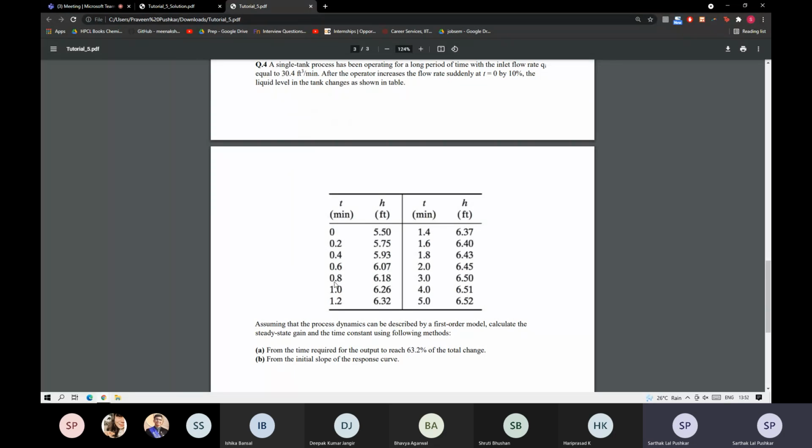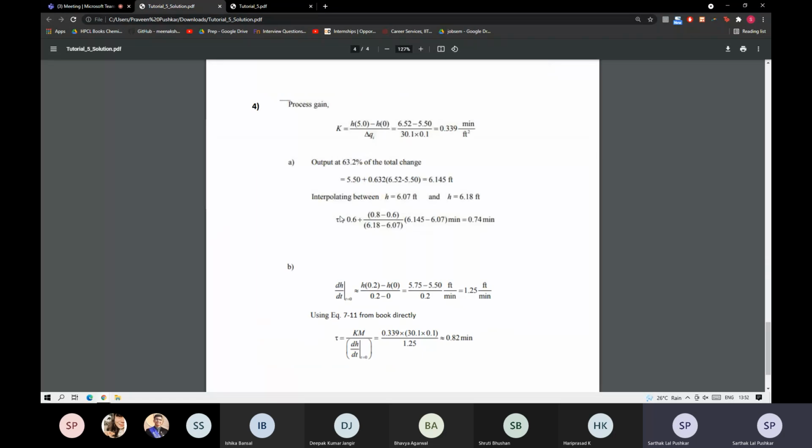So we have to interpolate between these to get tau, and tau comes out to be 0.74. Basically we are interpolating between 6.07 and 6.18 feet: the 0.8 minus 0.6 over 6.18 minus 6.07, and 6.14 is the value at which we want, minus the initial, 6.07.